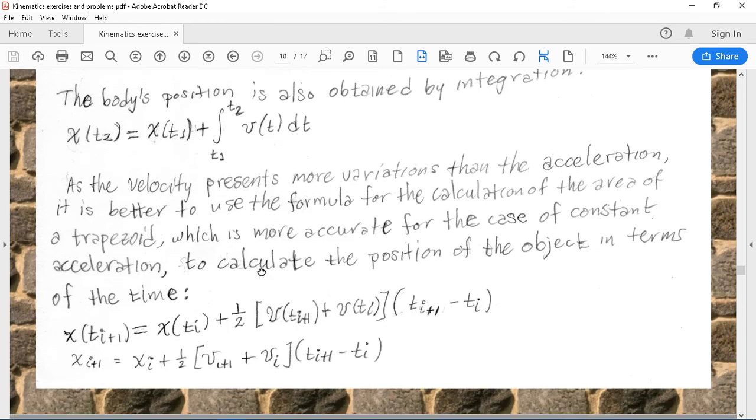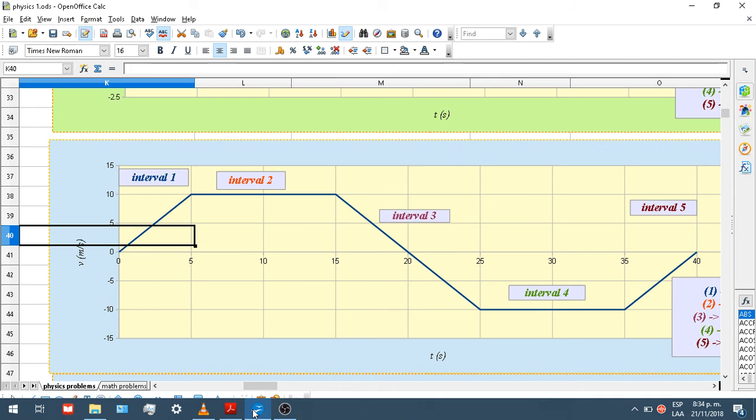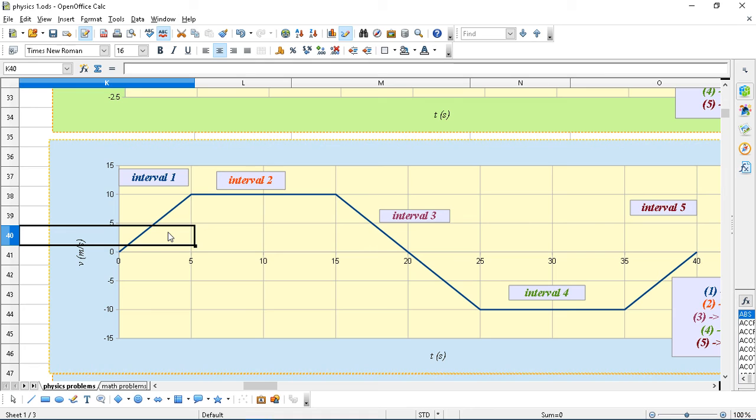We are going to do that numerically, by obtaining the areas below the velocity curve. Here we have a triangle, here a square, another triangle, a rectangle, a triangle, a rectangle, and another triangle. So we obtain the areas of the triangles and rectangles to obtain the values for the position corresponding to each of the intervals.